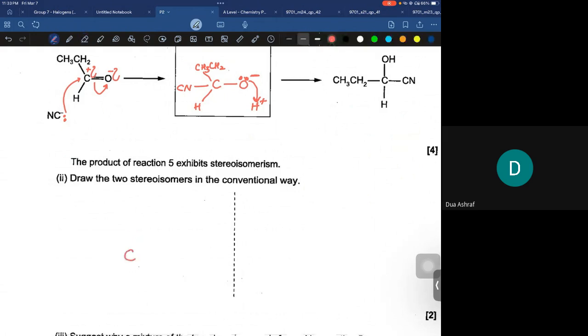Okay, OH. No, it's CH3, CH2. Okay, it's H. तो just आपको कुछ नहीं करना. You are supposed to draw the mirror image.